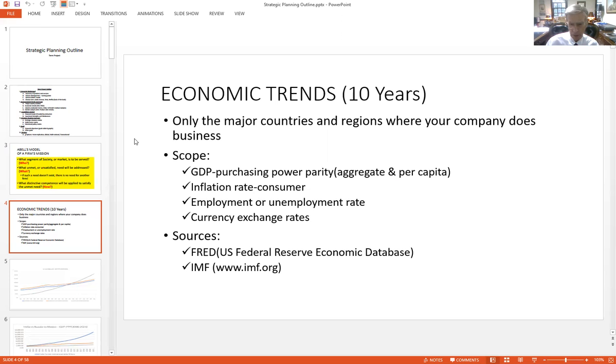GDP using purchasing power parity, both in the aggregate and per capita. Purchasing power parity is an adjustment of local currency, and also local currency translated into US dollars using banks' exchange rates. In both of those cases, you can get misleading information, because either form of information won't necessarily be comparable to other countries or tell you what amount of goods and services a unit of that currency can purchase.